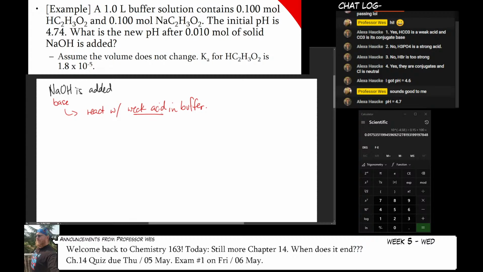So we're going to write that reaction. What is the weak acid in the buffer? That is the acetic acid. That's going to react with our sodium hydroxide. We're going to form the acetate. And we make water, but nobody cares because water is neutral.